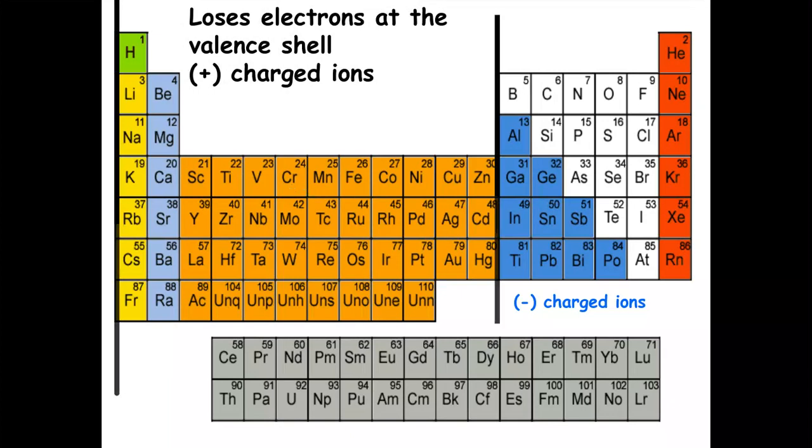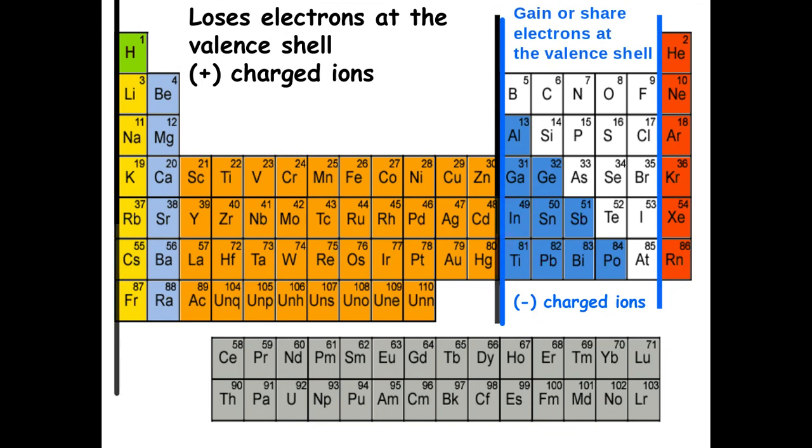Typically, the metals will have a tendency to lose electrons at the valence shell and become positively charged ions. So let me repeat that. Metals will typically lose their electrons and become positively charged. On the other hand, the non-metals will typically gain or share electrons at the valence shell, and they become negatively charged.